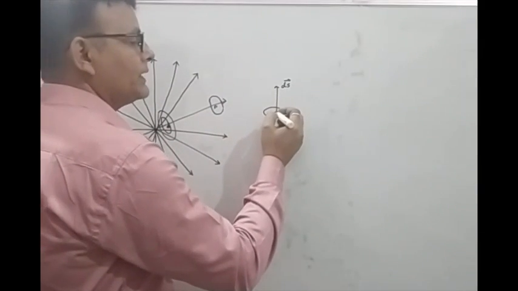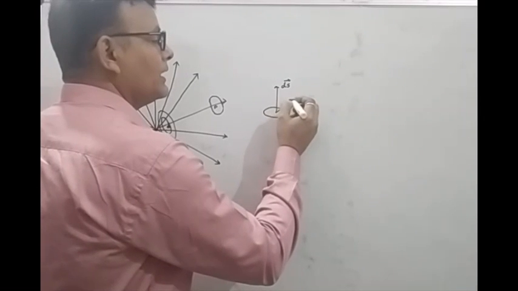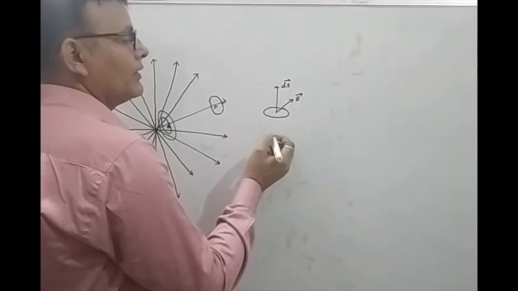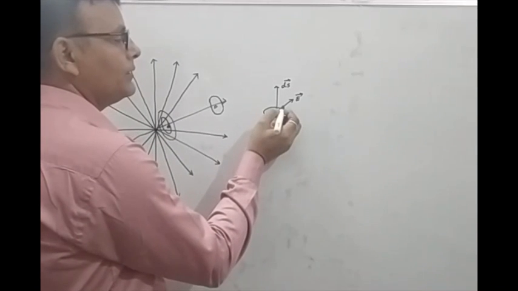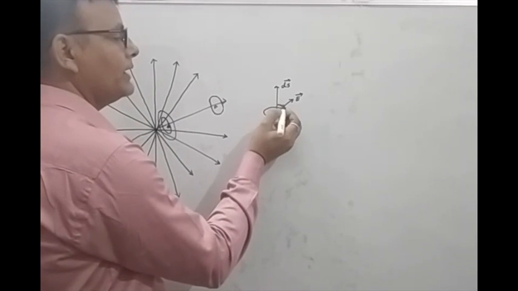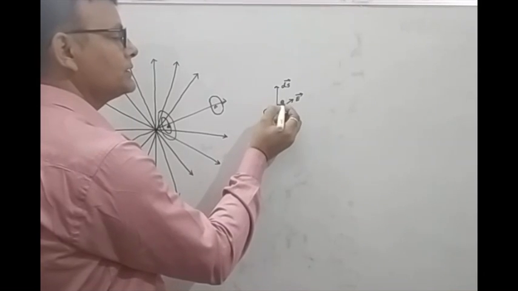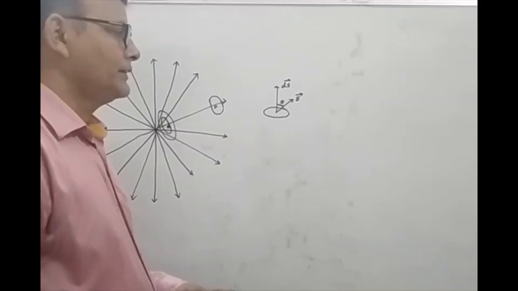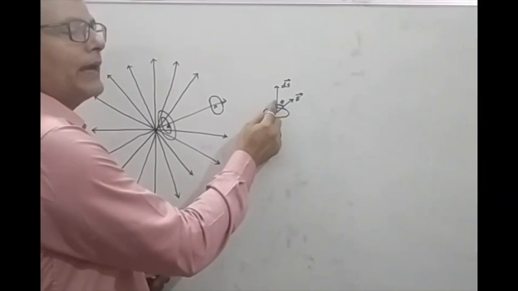Suppose electric field at this point is in this direction. This is the angle between electric field and area vector. Suppose this is theta. The orientation is given by this angle.